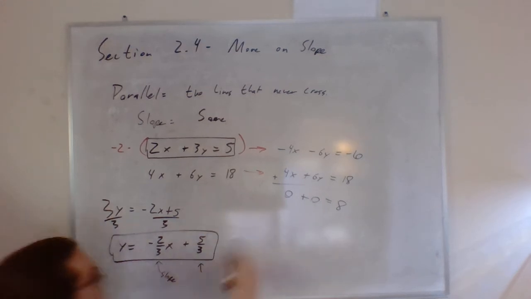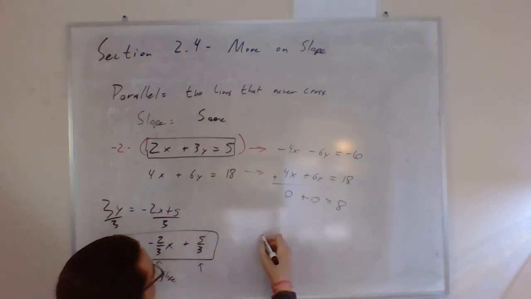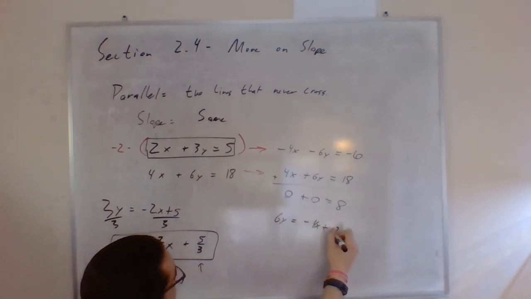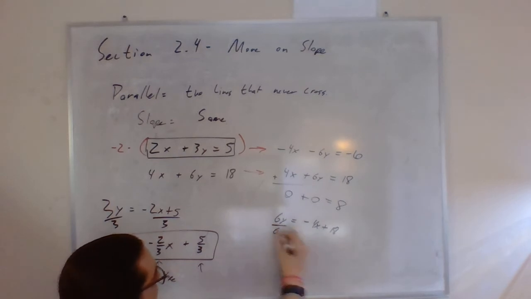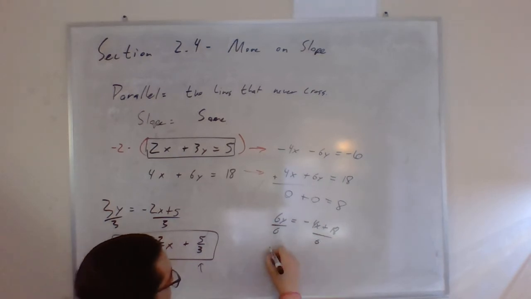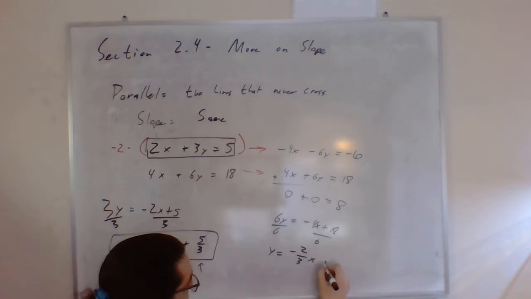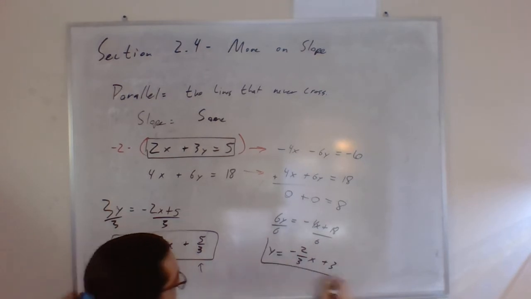Let's look at this one. I want to subtract the 4x from both sides, so I get 6y equals negative 4x plus 18. And then I'll divide everything by 6, and this becomes y equals negative 4 over 6, which is also negative 2/3 x. This one will be plus 3.